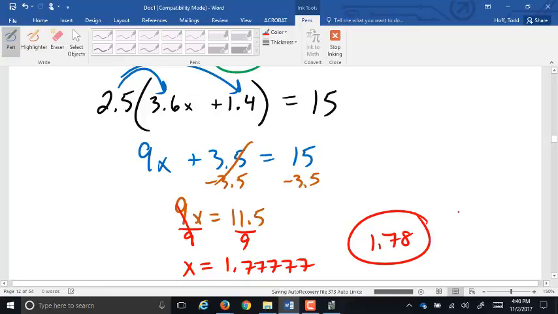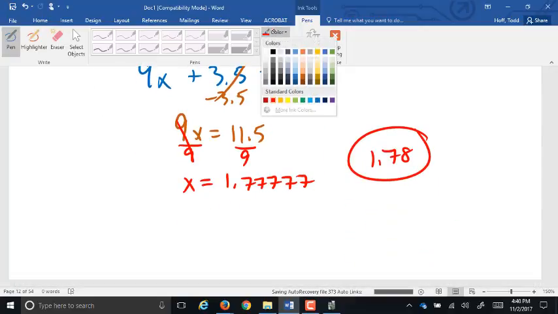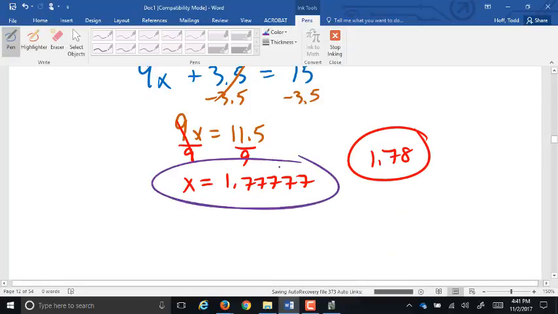Or if I wanted to make that with decimals, when something keeps repeating like this, what's our notation for it? 1.2777, right?